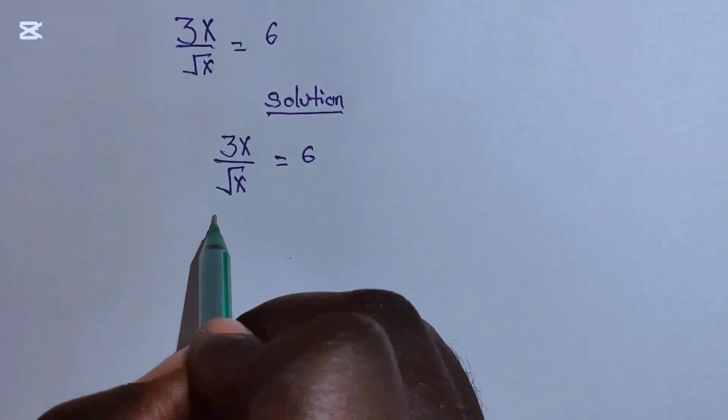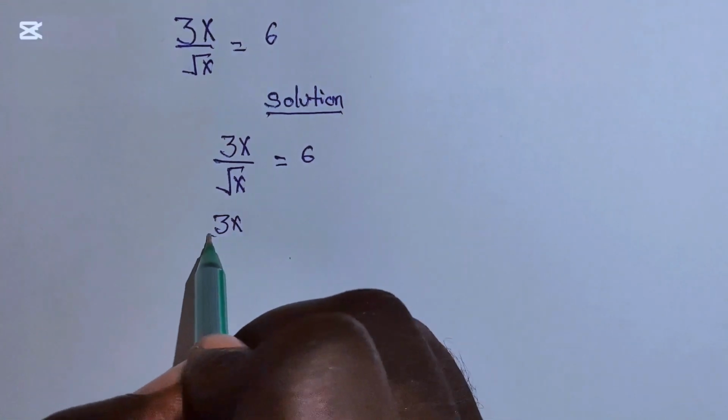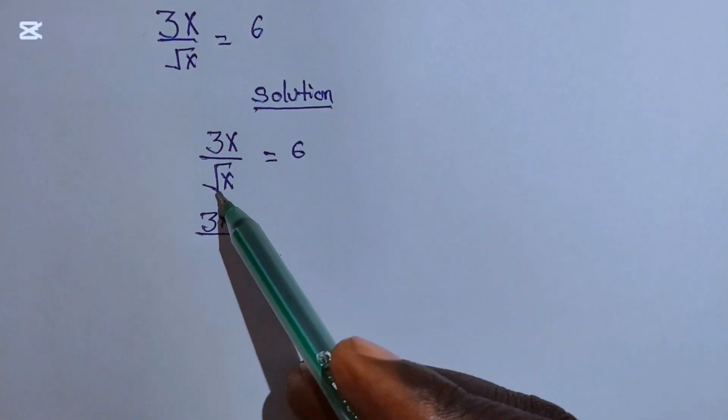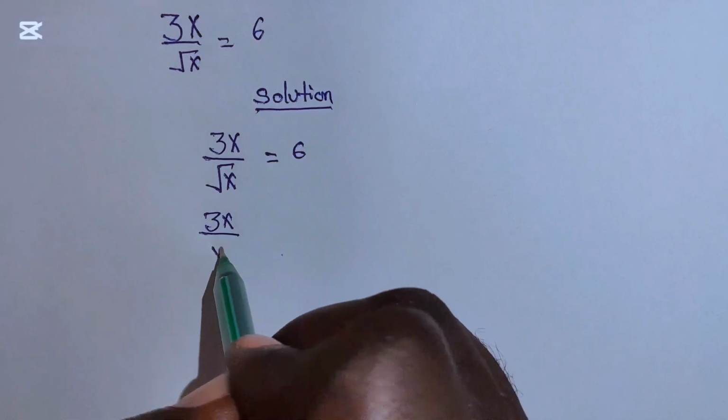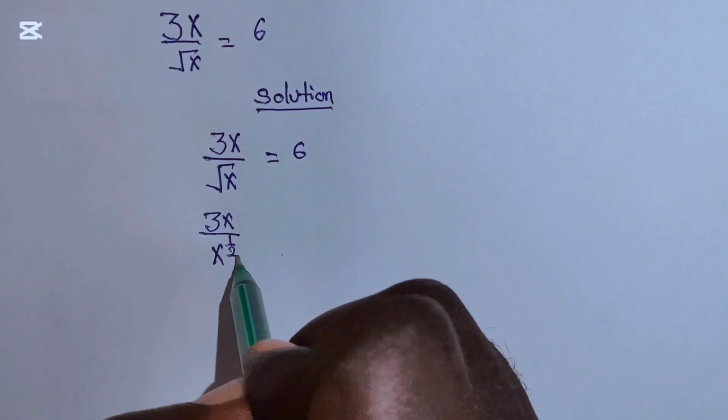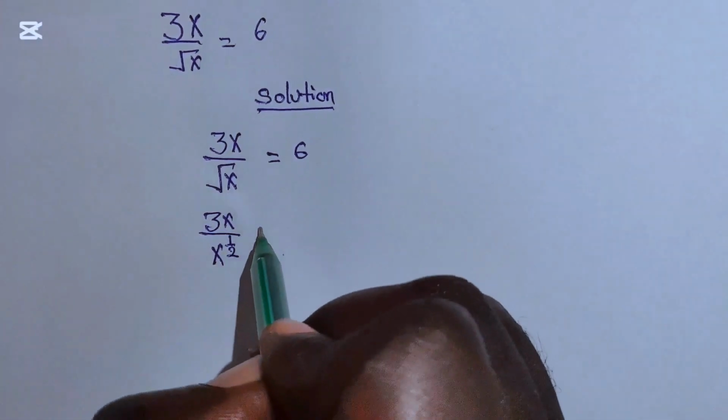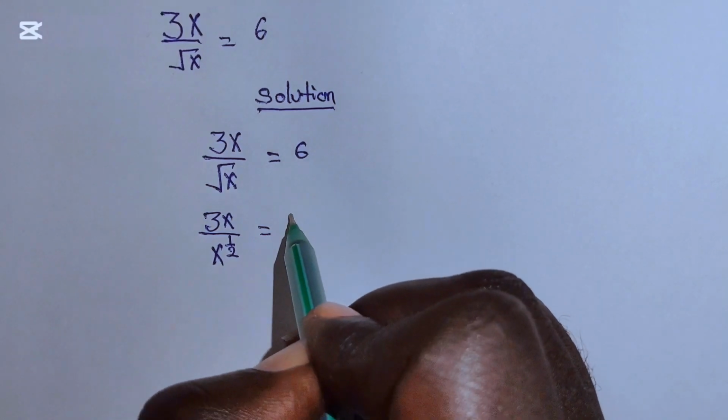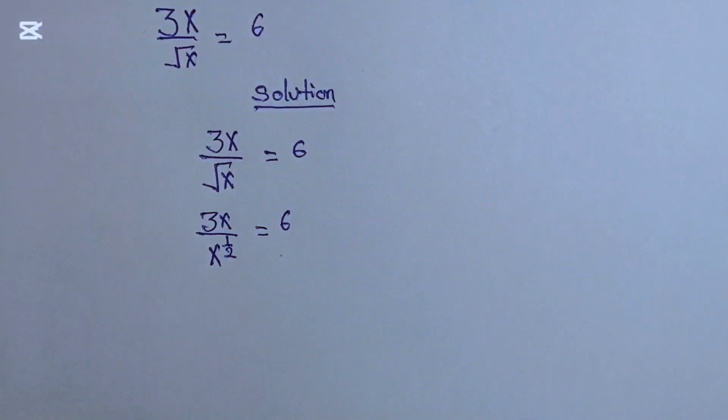We know that 3x over this root is equal to 3x over x to the power of 1/2, which equals 6.